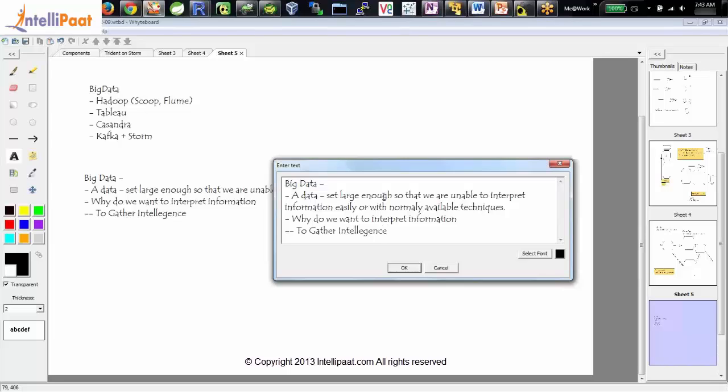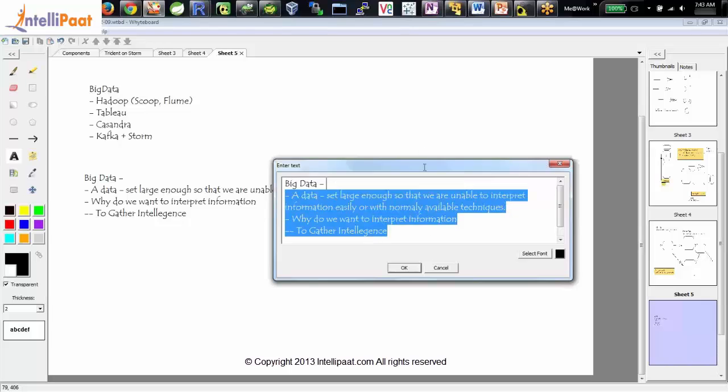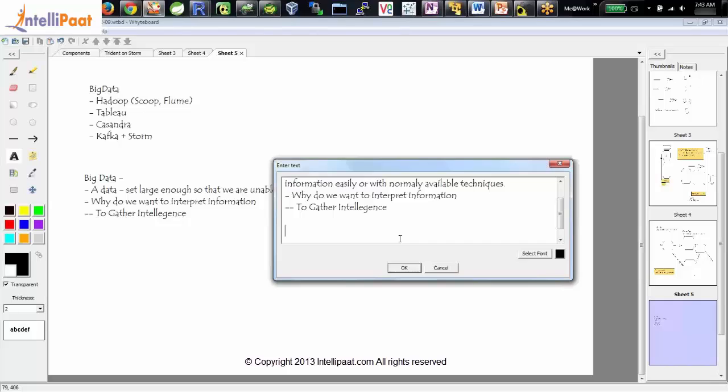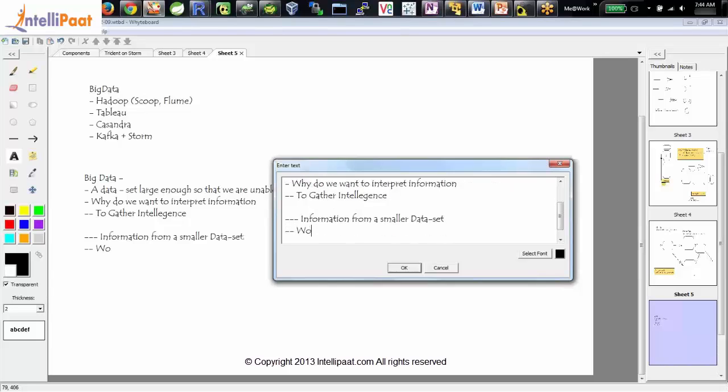Now, if we were to talk about a smaller data set, would you call it intelligence?